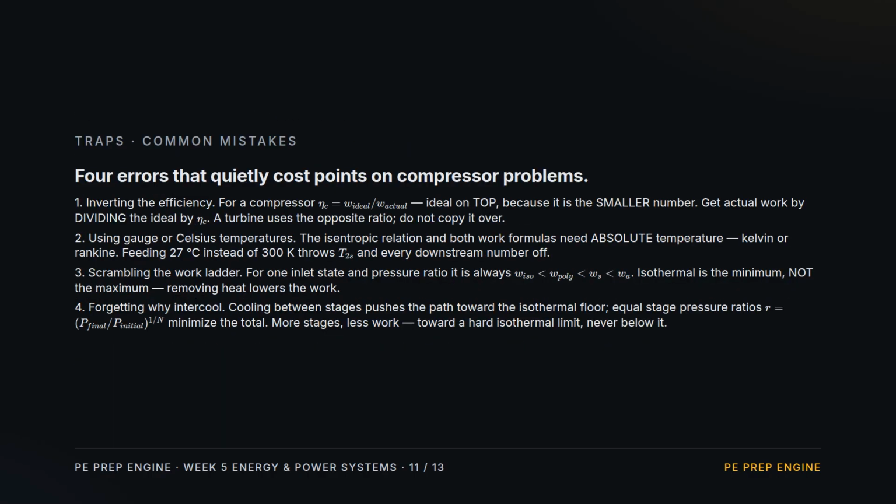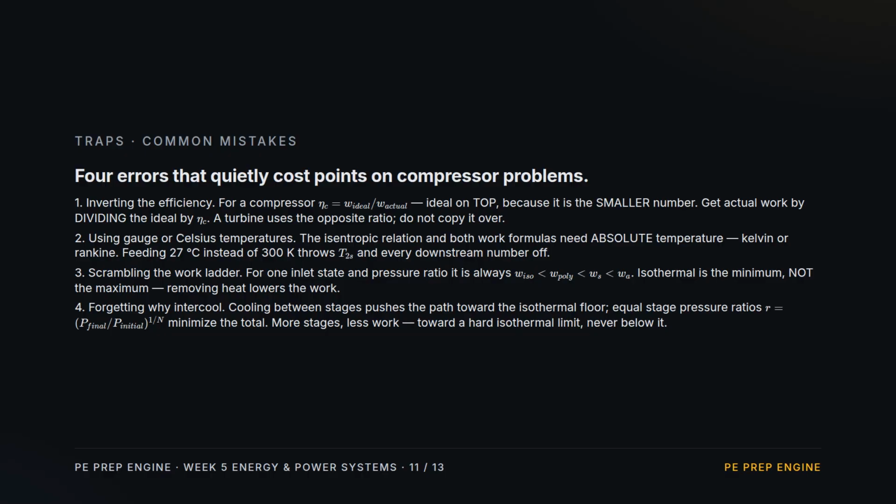4 traps. 1. Inverting the efficiency. For a compressor, efficiency is ideal over actual. Ideal on top because it's smaller, so you divide the ideal by efficiency to get actual work. A turbine flips it. Don't copy it over. 2. Gauge or Celsius temperatures. Every formula here needs absolute temperature.